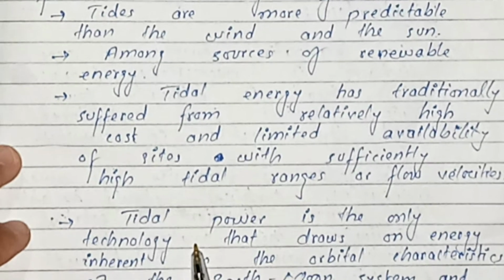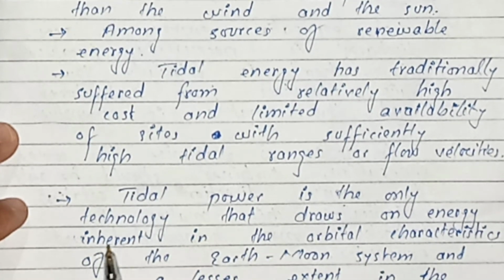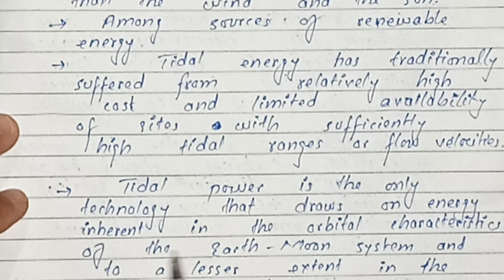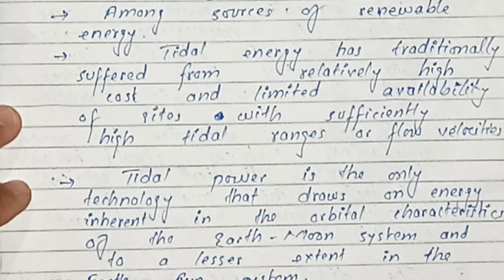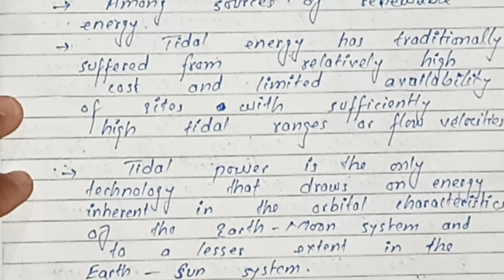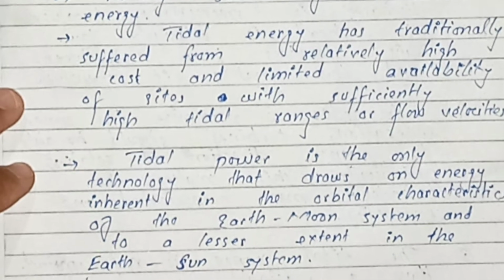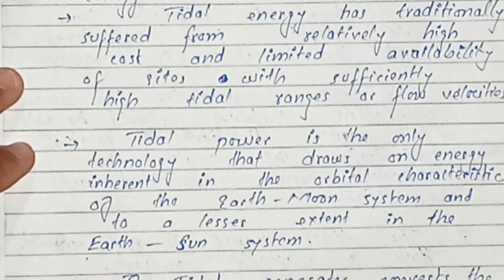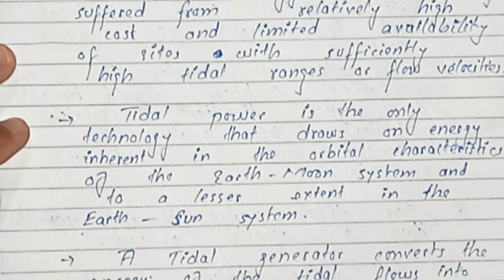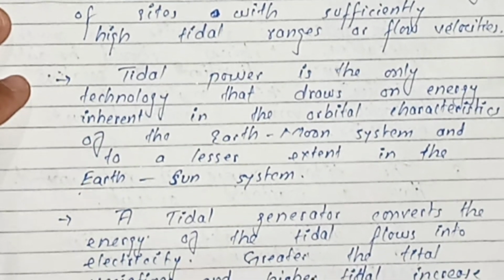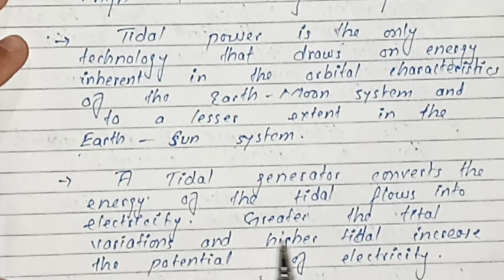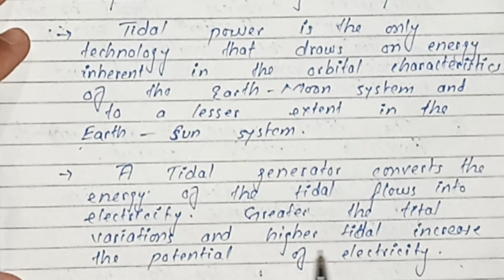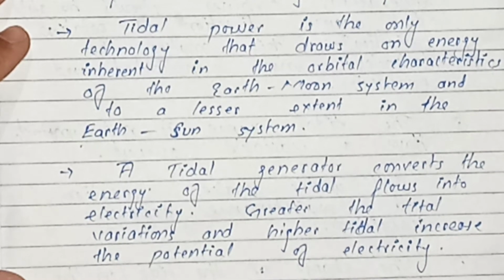Also, tidal power is the only technology that draws on energy inherent in the orbital characteristics of the earth-moon system and, to a lesser extent, the earth-sun system. A tidal generator converts the energy of the tidal flow into electricity. The greater the tidal variation and the higher the tidal velocity, the greater the potential for electricity.